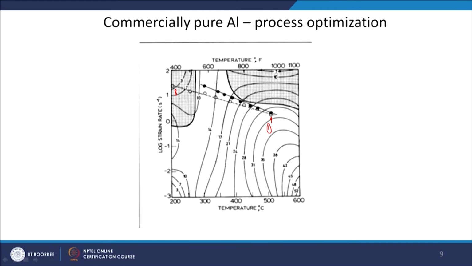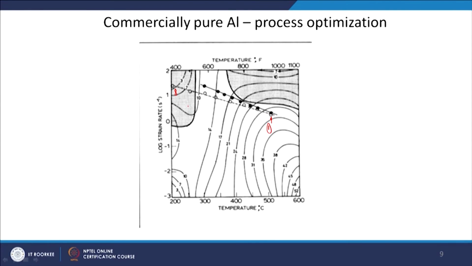At the same time, the strain rate of the deformation is also increasing as you go through multiple passes. So, the temperature was higher here, strain rate was low, and then the temperature is coming down and the strain rate is increasing. So, this was the initial process. You can see that the unstable region is there in the last passes.